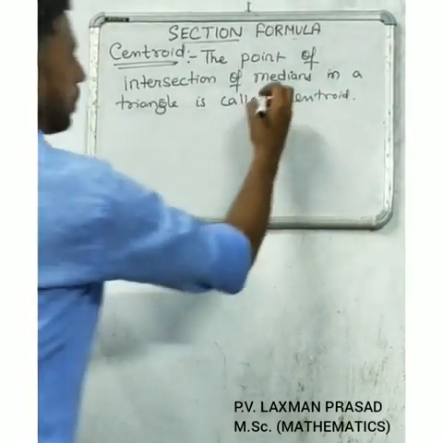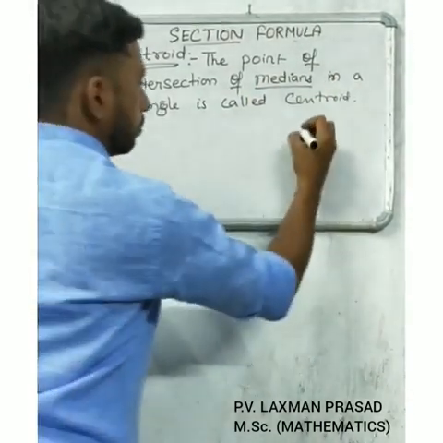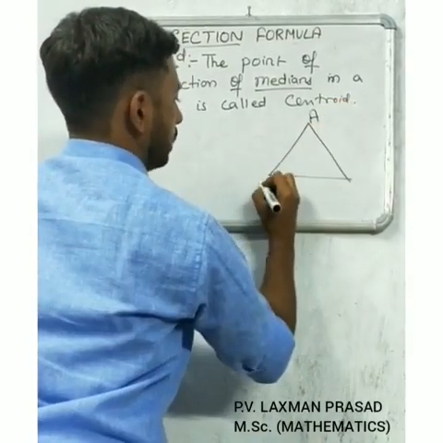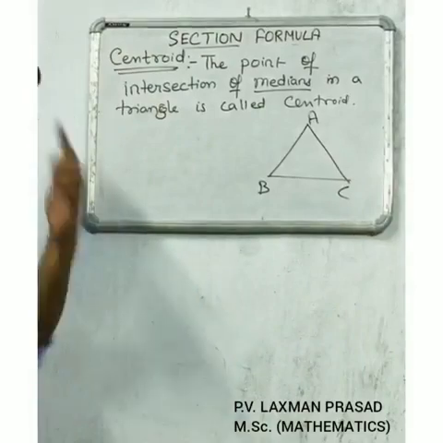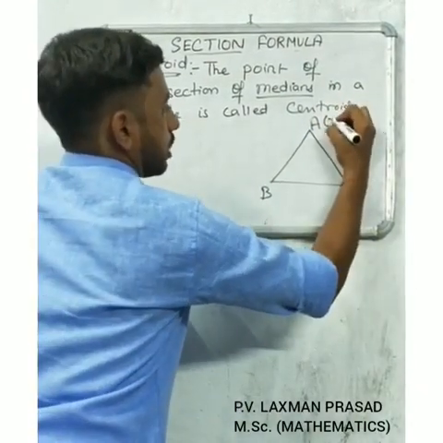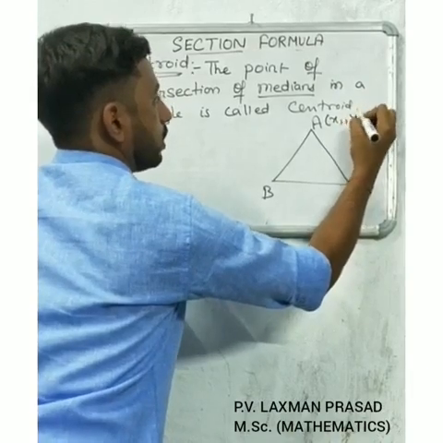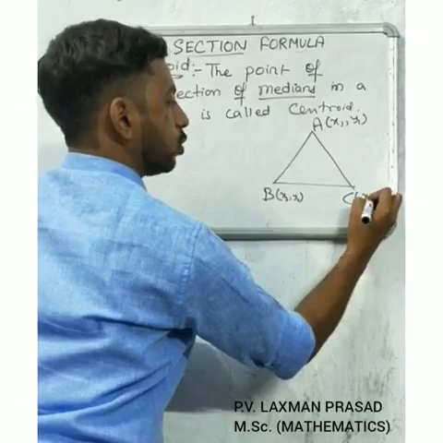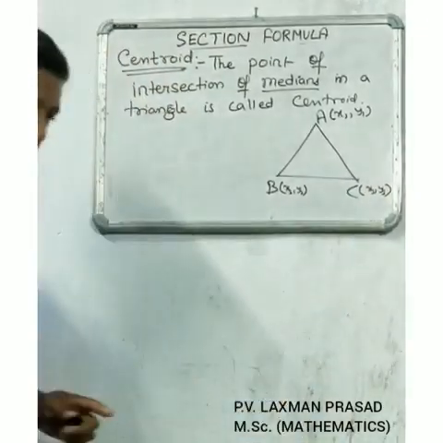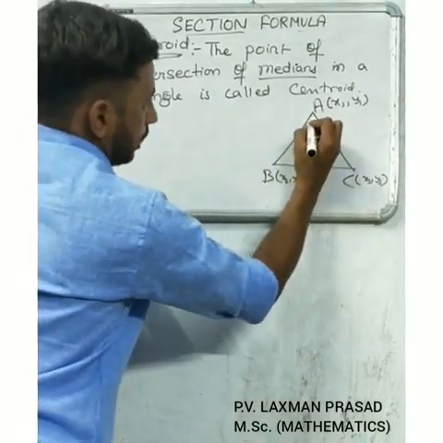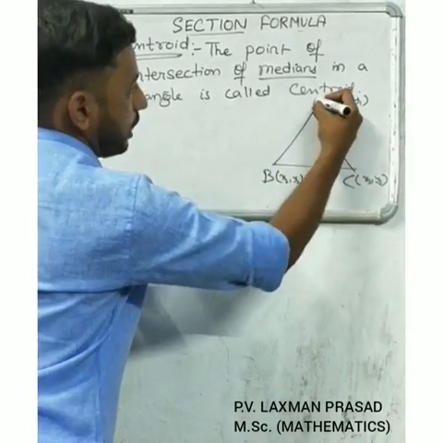I hope you know what is a median. A median is simply, if I have a triangle A, B, C and I am given the coordinates of all the three vertices x1, y1, x2, y2 and x3, y3, then what is a median?